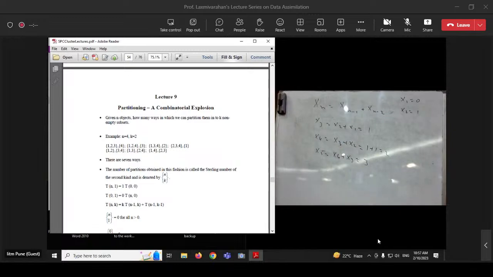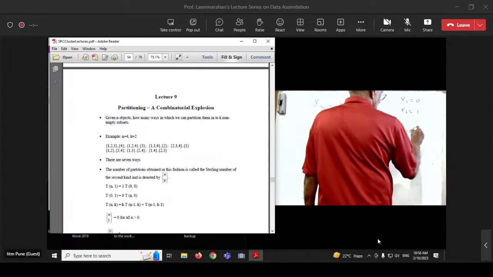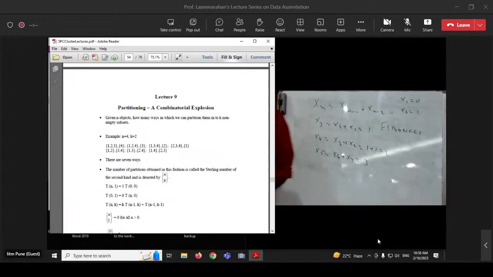So what does this tell you? Every new number is the sum of the 2 previous numbers. This number sequence is called the Fibonacci sequence.